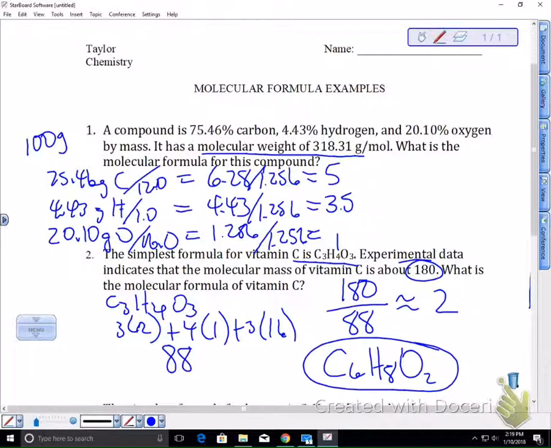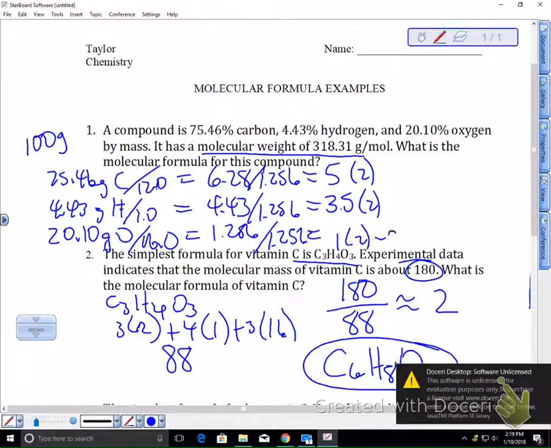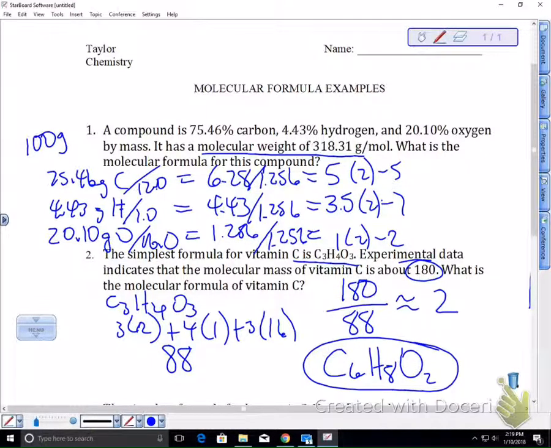So we're going to have to multiply everything by 2 in order to get the whole numbers. So we're going to have 2, we're going to have 7, and we're going to have 5. The empirical formula is C5H7O2.